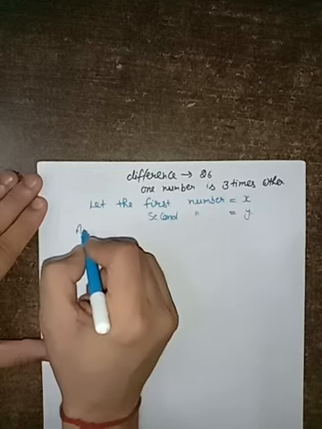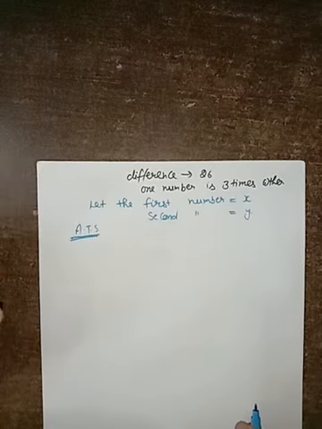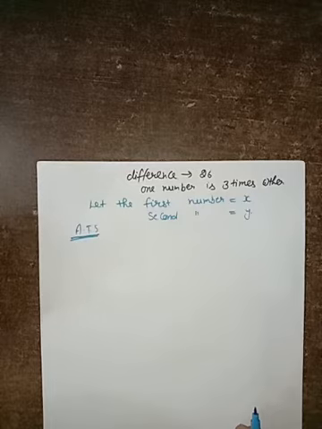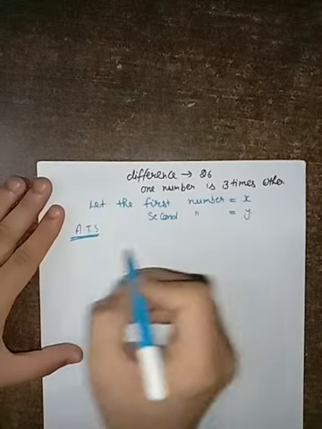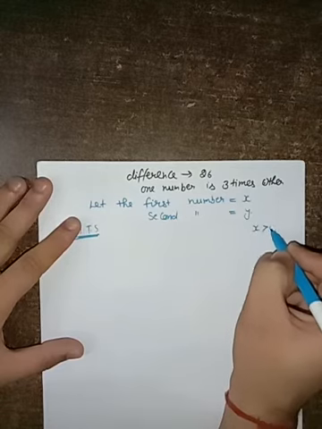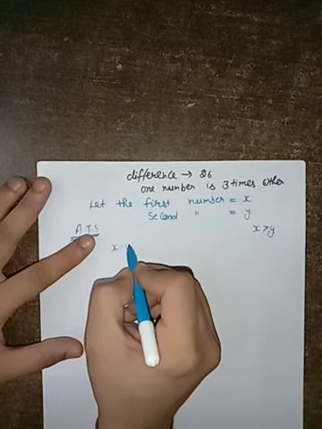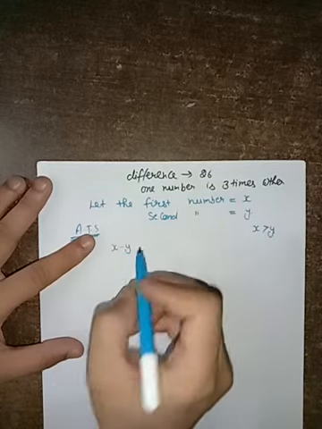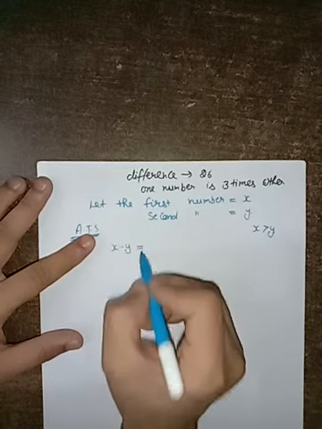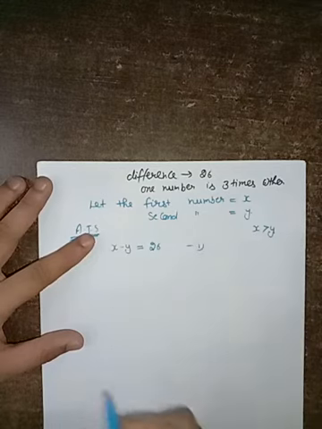Now according to the statement, the difference between two numbers is, means firstly we will have to take the difference. So if my x is greater than y, then the difference will be x minus y. The difference is, means equals, 26. This is my first equation.